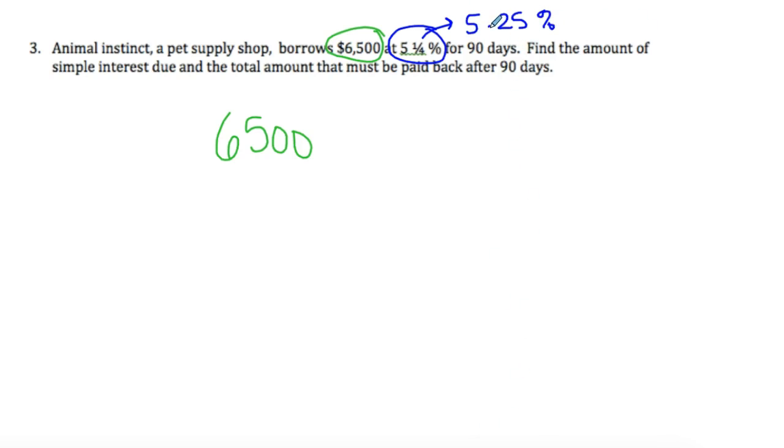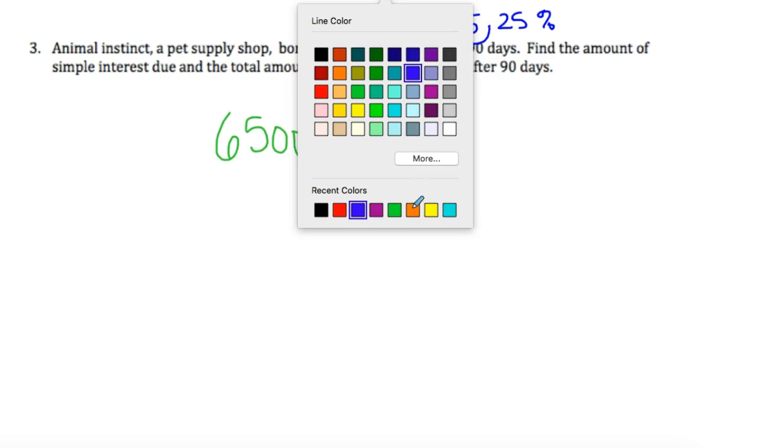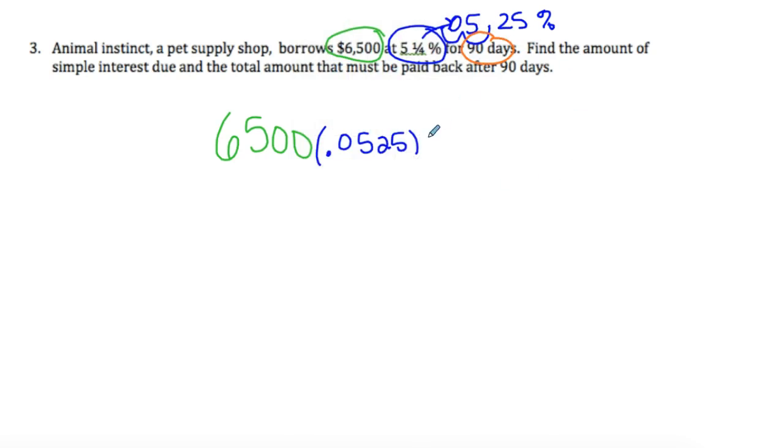Remember, when we want to make it into a decimal, we move 1, 2 places to the left. My decimal would be 0.0525, and we're paying for 90 days. So 90 days out of the 365 we typically have.